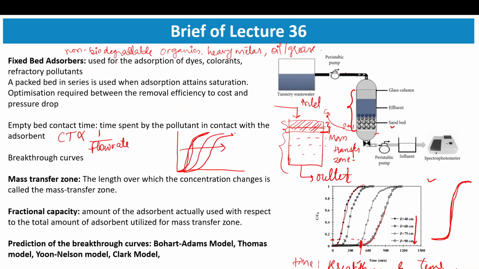So this way the flow rate reduces, and this way the contact time reduces, right? So with lesser contact time, the pollutant is not getting enough time to interact, and that is why the breakthrough will be earlier, right? Is that clear so far?